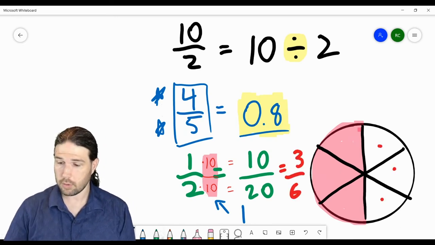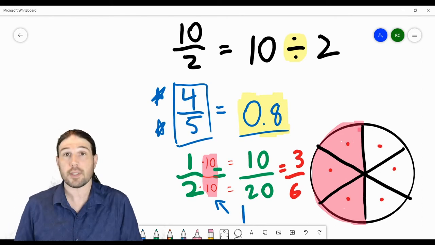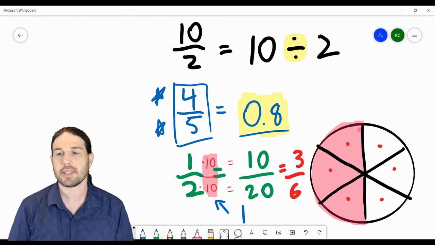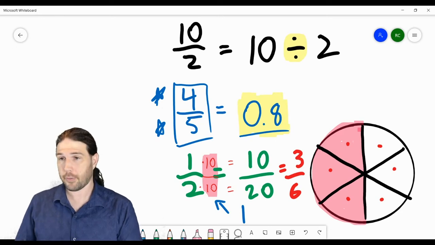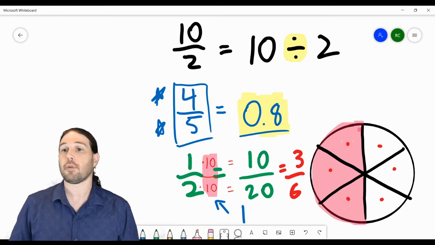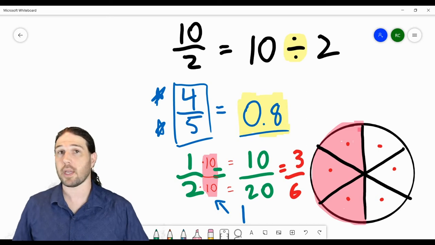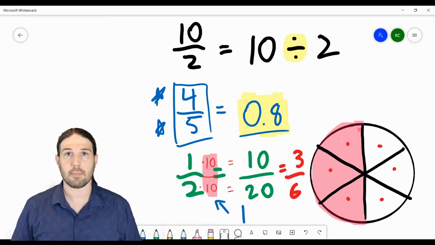There's 1, 2, 3, 4, 5, 6 equal-sized, roughly, I know I'm a terrible artist, pieces of cake, and 3 of them are shaded, so 3 over 6, 10 over 20, 1 over 2, they're all the same number.